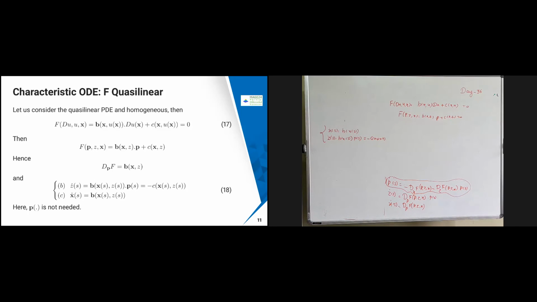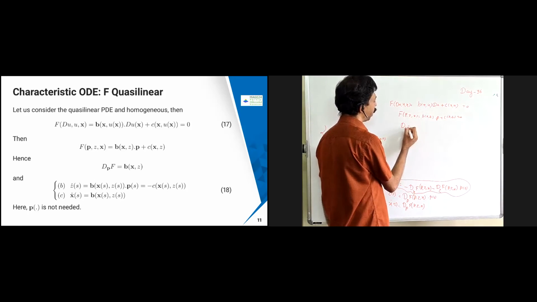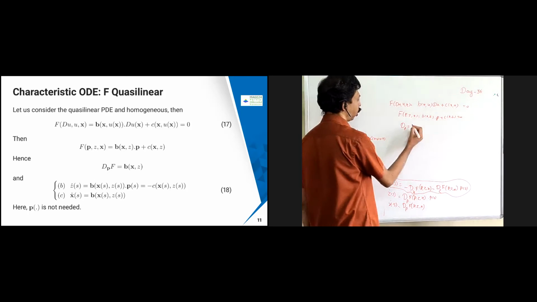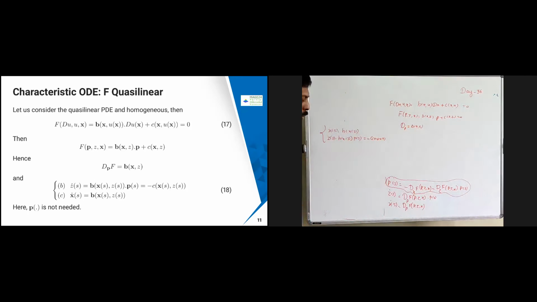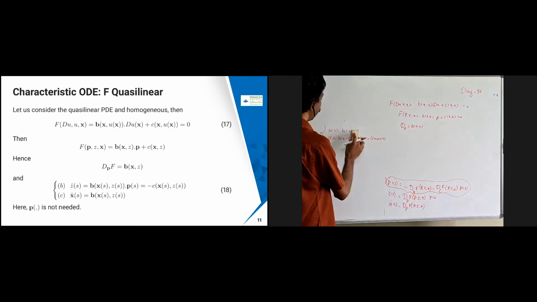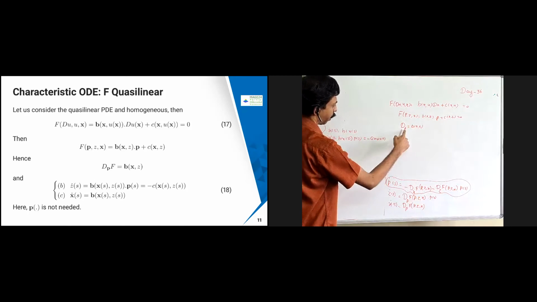Once again, if I find D_p F, differentiating with respect to p, this is going to give me P of x comma z. So here you are going to get almost the same thing as before. D_p F of p, z, x is nothing but this one.